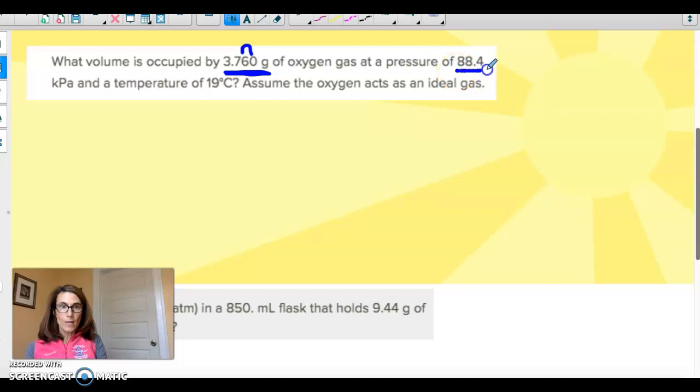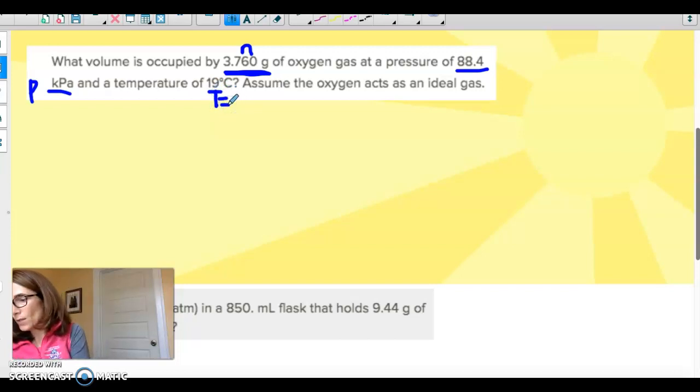We have 88.4 kPa, which is our P. And then we have 19 degrees Celsius, which is our T. So if we just want to go ahead and add 273 to 19, so 273 plus 19 gives us 292 K.